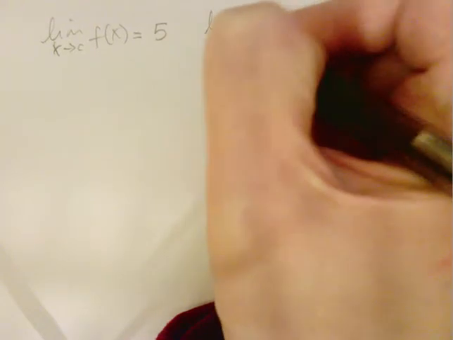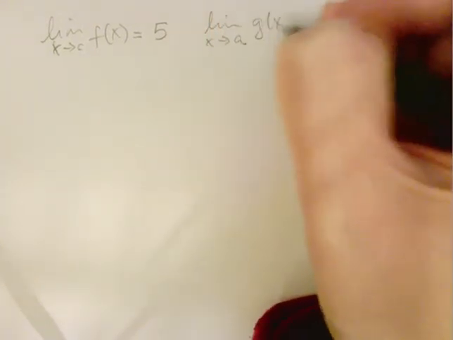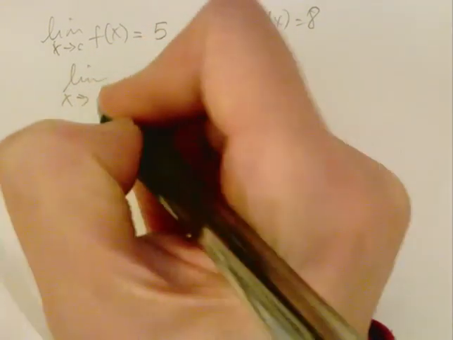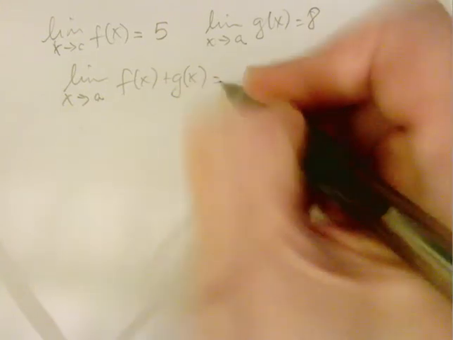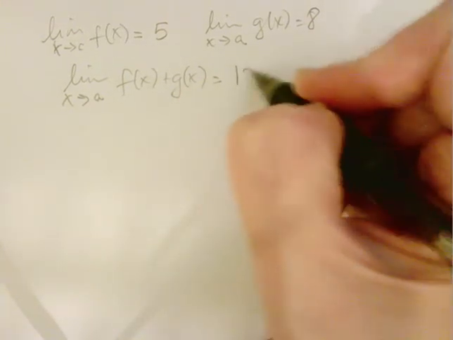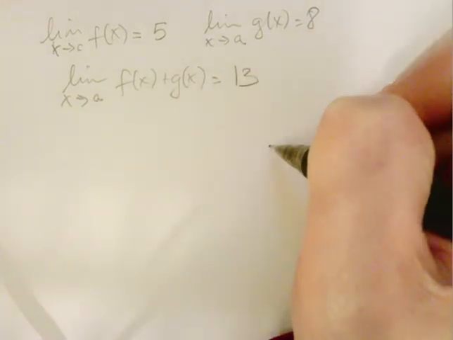So to give you some simple examples, suppose the limit as x approaches a of f of x equals 5, the limit as x approaches a of g of x equals 8, then the limit as x approaches a of f of x plus g of x equals 13. Okay, and a could have been anything in this scenario.